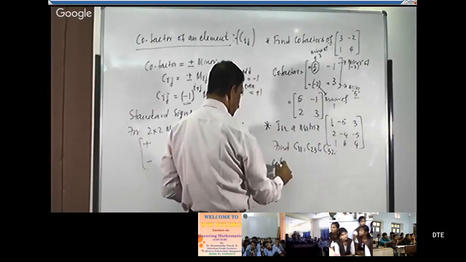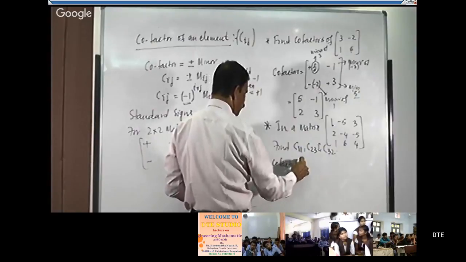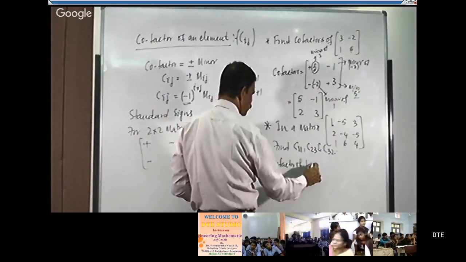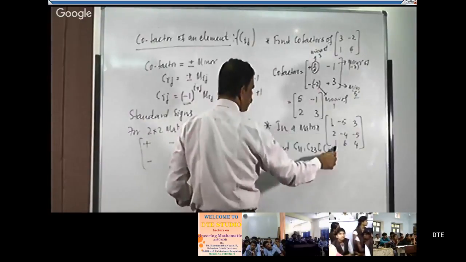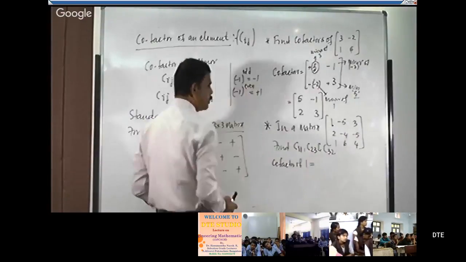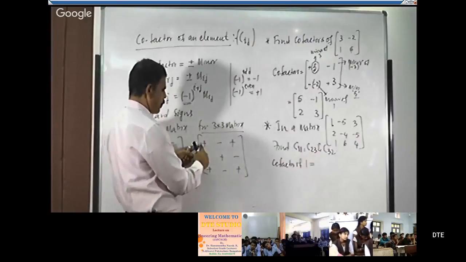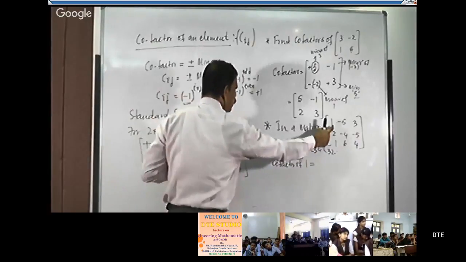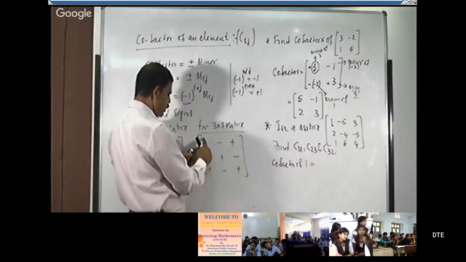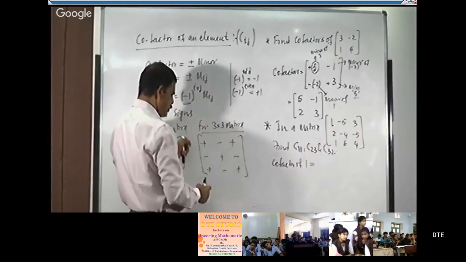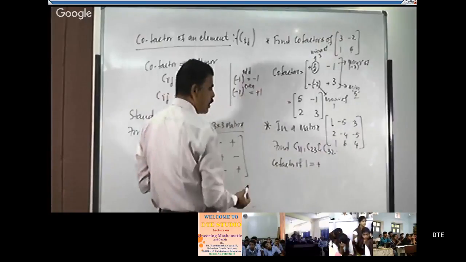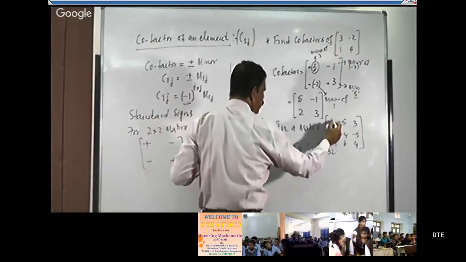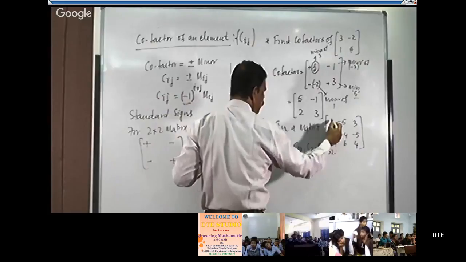The cofactor of 1 lies in the first row, first column. You go to the standard symbol. In the position of 1, the standard sign is plus. First take that symbol, plus, then write the minor of that particular element 1.